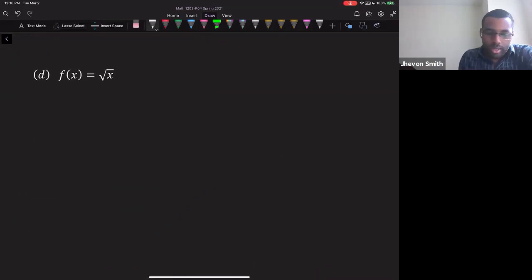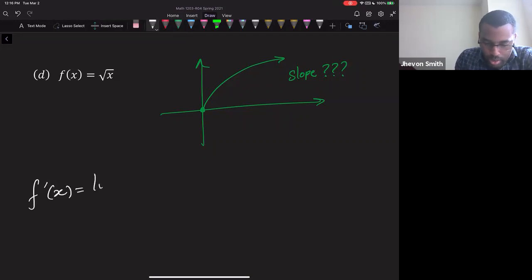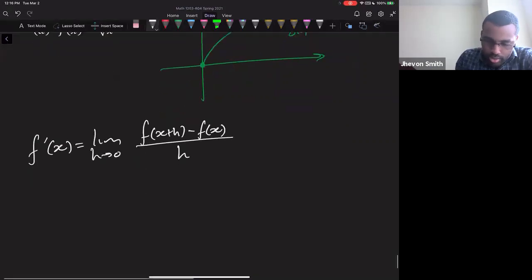Okay, last example, the square root. We're going to do this all again at this point. So again, now we have here the square root, looks like this, right? Well, let's see what the slope is. f prime of x equals the limit as h approaches 0 of f of x plus h minus f of x all over h.